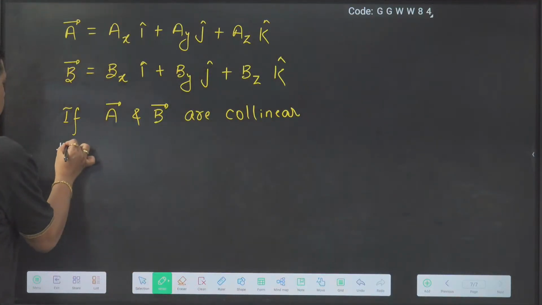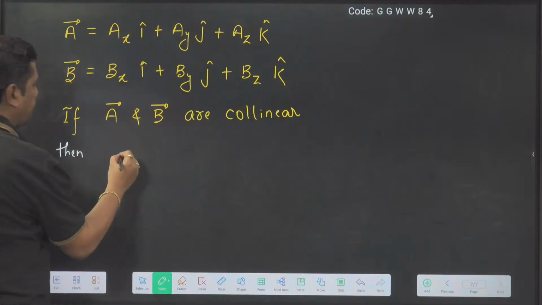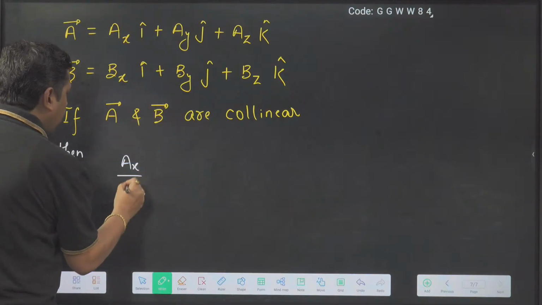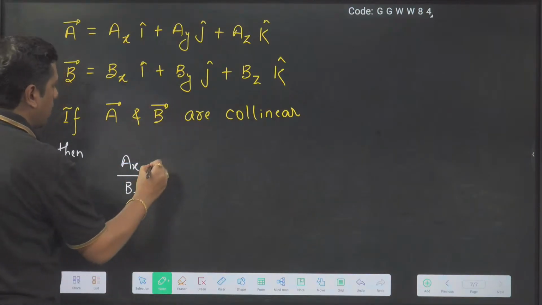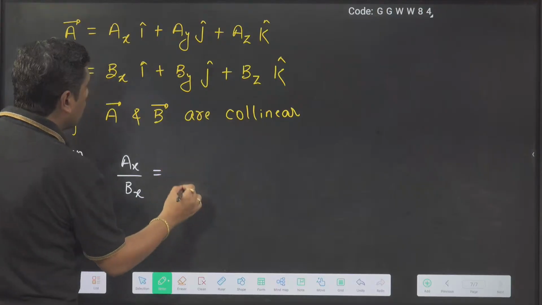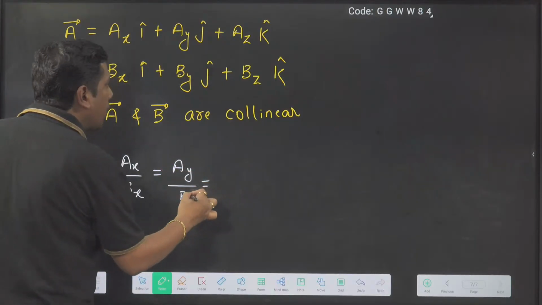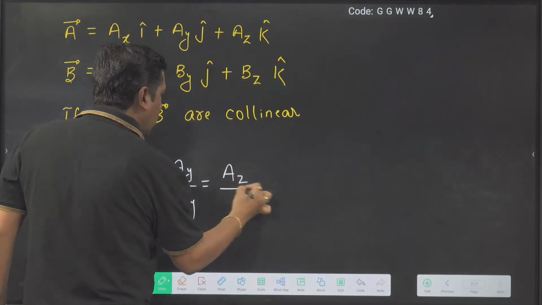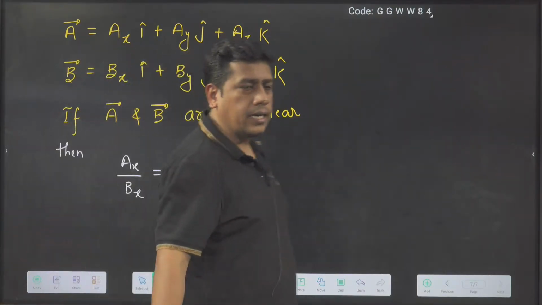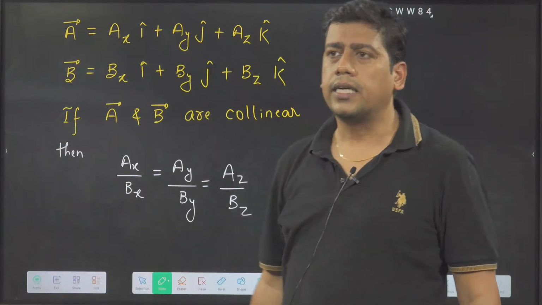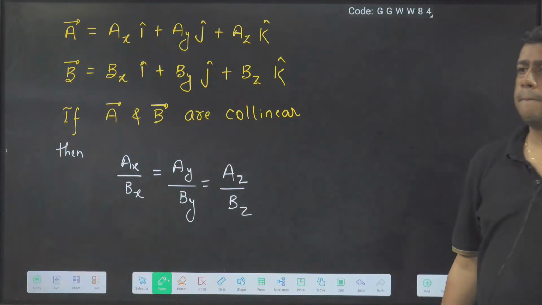So then ax by bx equal to ay by by equal to az by bz. Let that sink in. Please understand. Take your time.